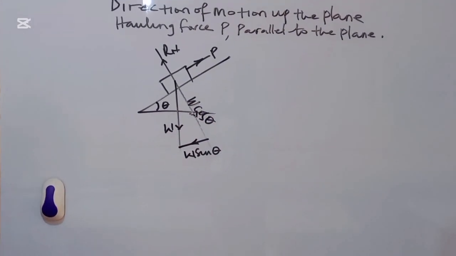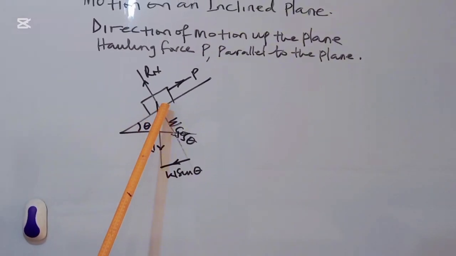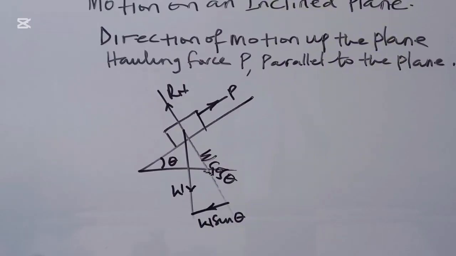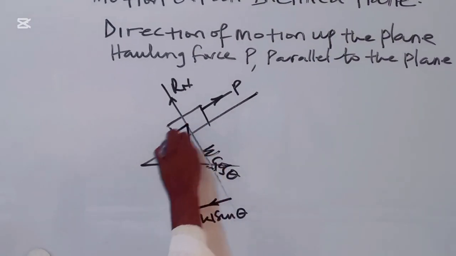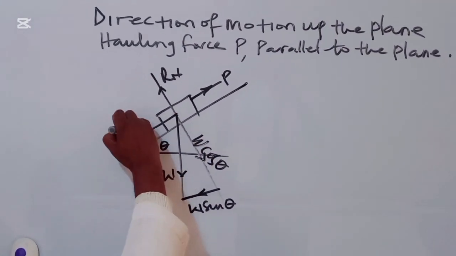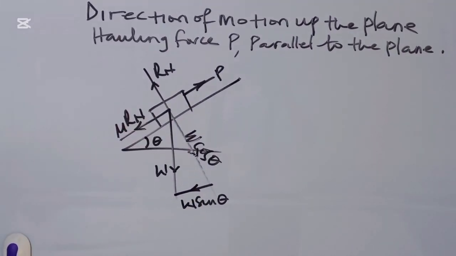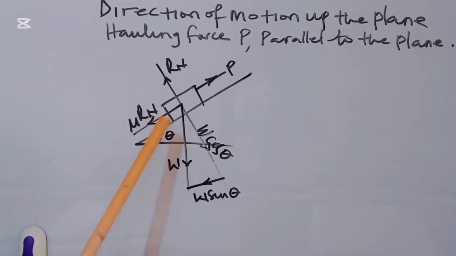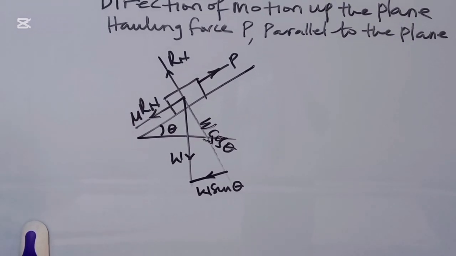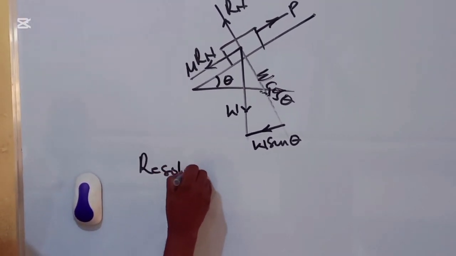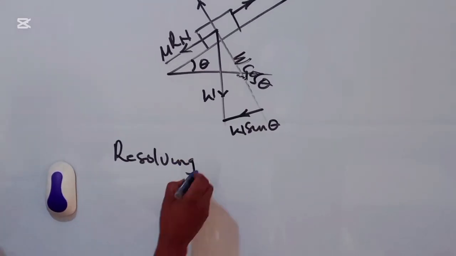Now, the body is trying to move upwards, so the force of friction will act in the opposite direction, which will be mu Rn. Now, this is the system of forces acting on this body. Now, let us again resolve the system of forces.